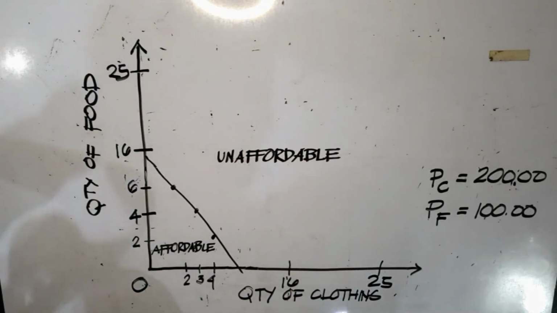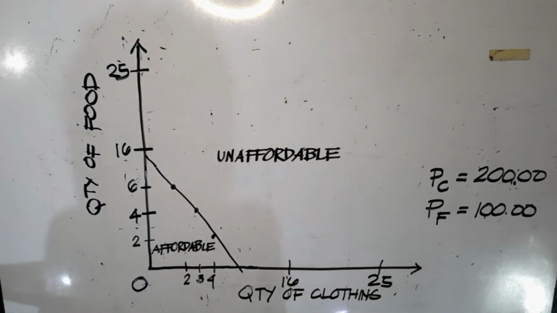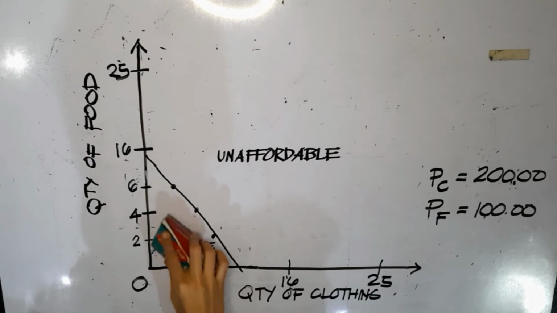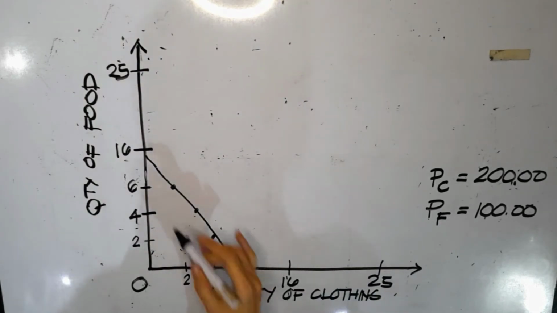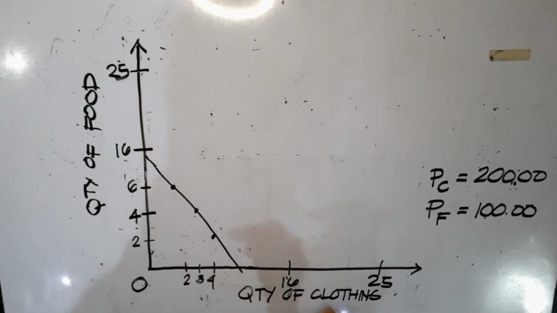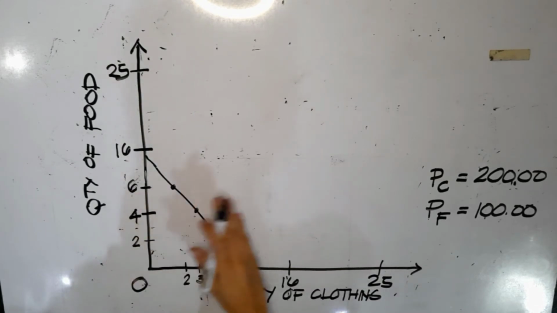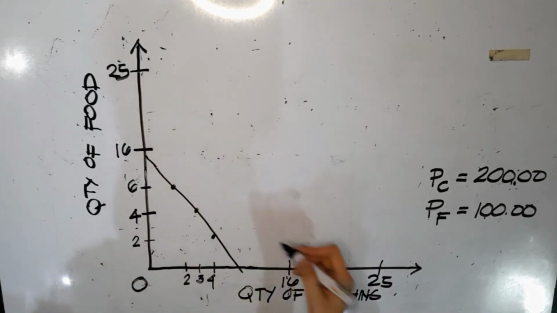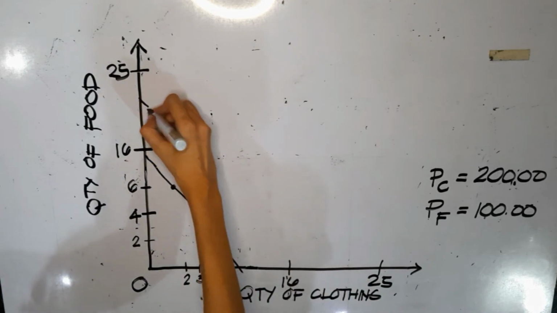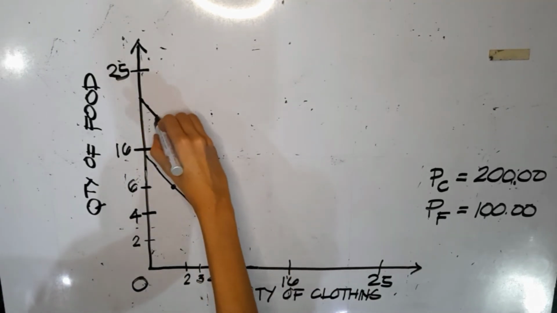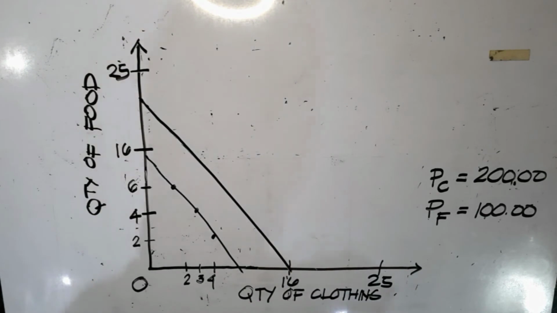So what would happen if you have a higher income? You gain promotion. So this is your budget constraint at 1,000. If you get a higher income, meaning this line would shift. So let's say you got a higher income of 1,500 per month.